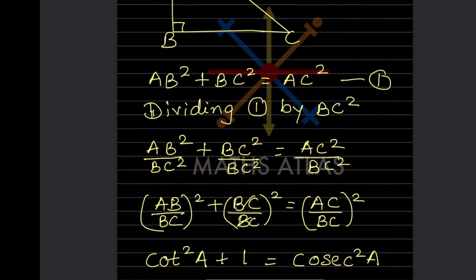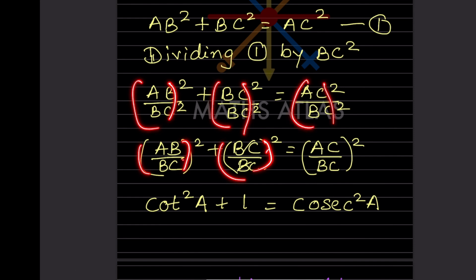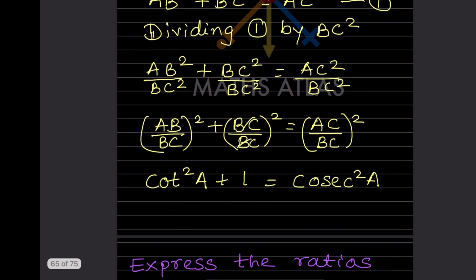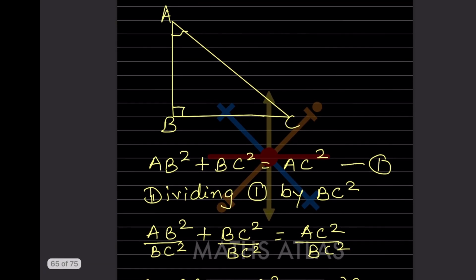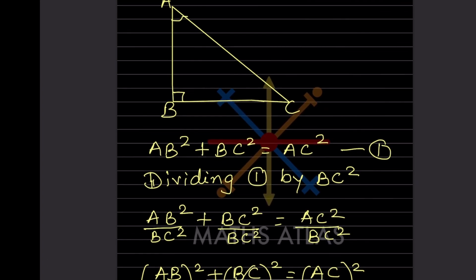Now what are we going to do here? This square you will take outside the bracket. Again here the same. Now what is AB by BC? Where do you have AB? This is the opposite, this is the adjacent and this is the hypotenuse. So AB is adjacent and BC is the opposite side.